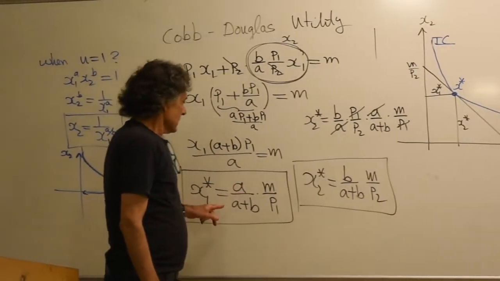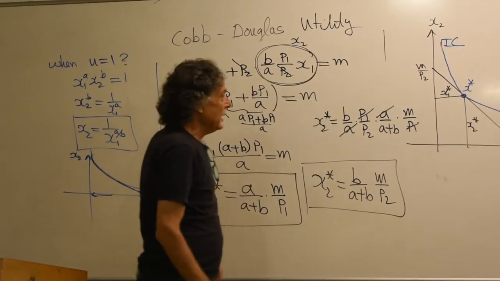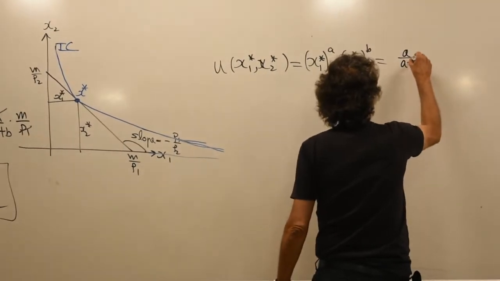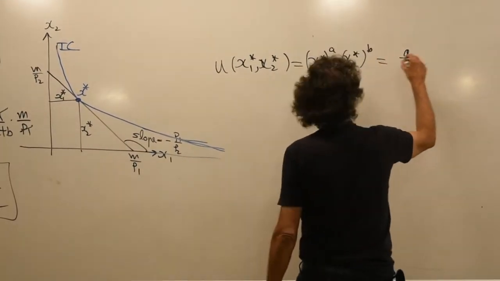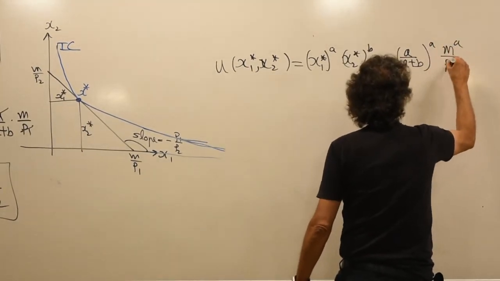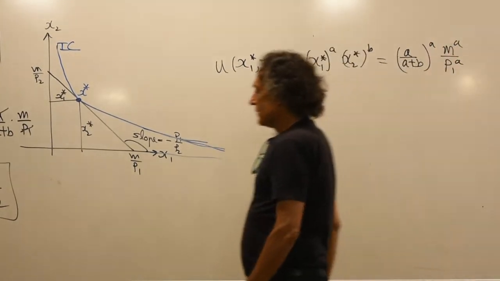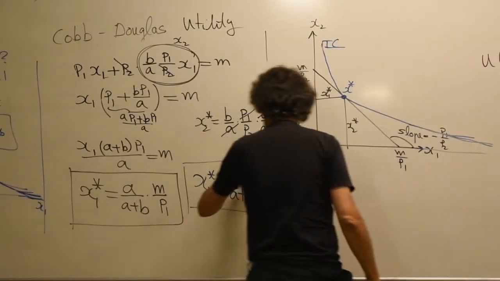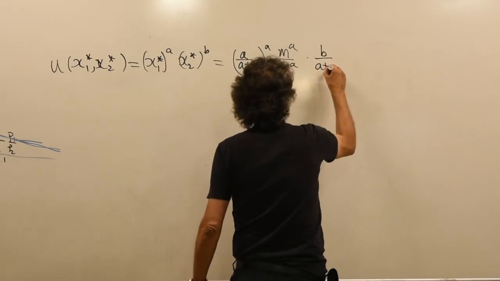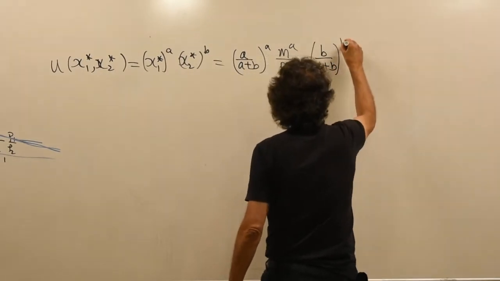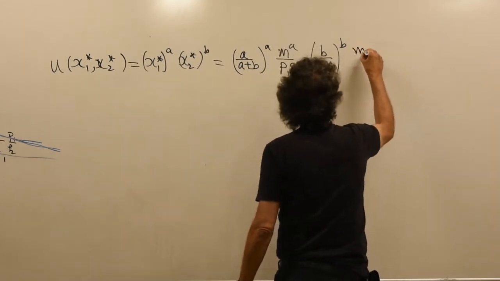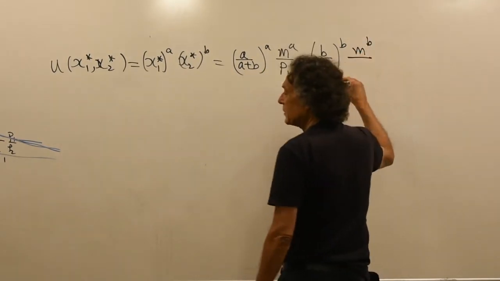Here I have to the power A, so I have A over A plus B to the A, M to the A, P1 to the A. I take all this to the A and this to the B, times B over A plus B to the B, and M to the B, and P2 to the B.